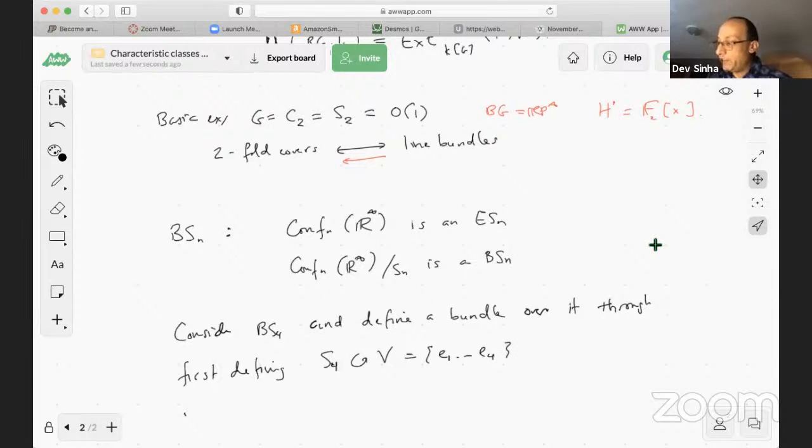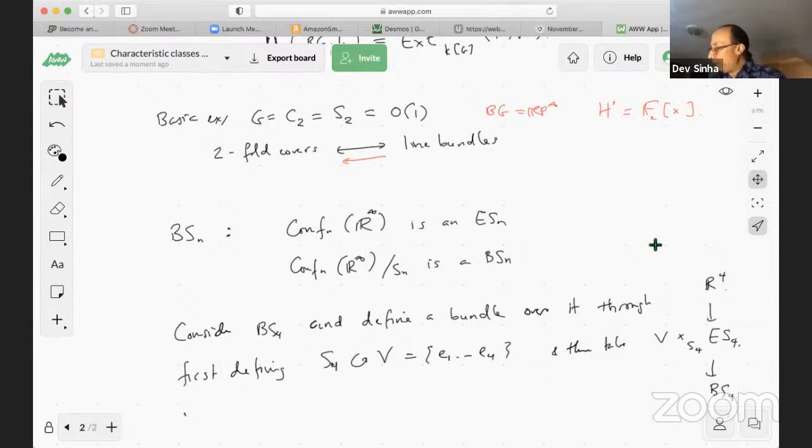Then V crossed over S4 with ES4 is a bundle over BS4 with fiber rank 4.